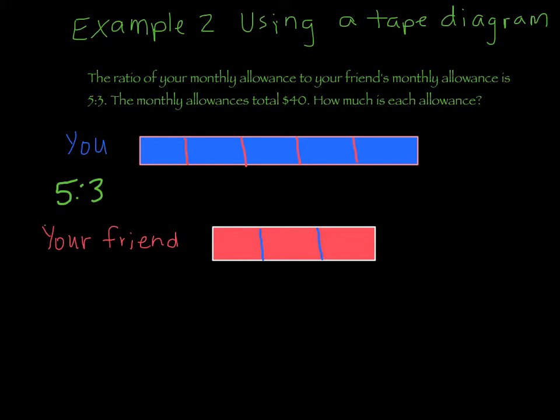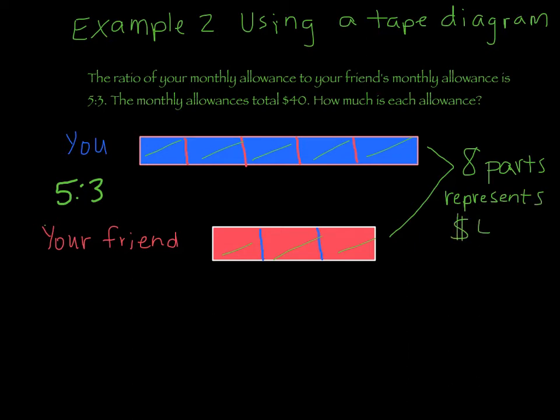So now what you do is you say there are 8 total parts, because I've got 1, 2, 3, 4, 5, 6, 7, 8. So between both of these, I have 8 parts. And that's comparing our total amount of parts, which represents the total of $40, which is what they told us up here.